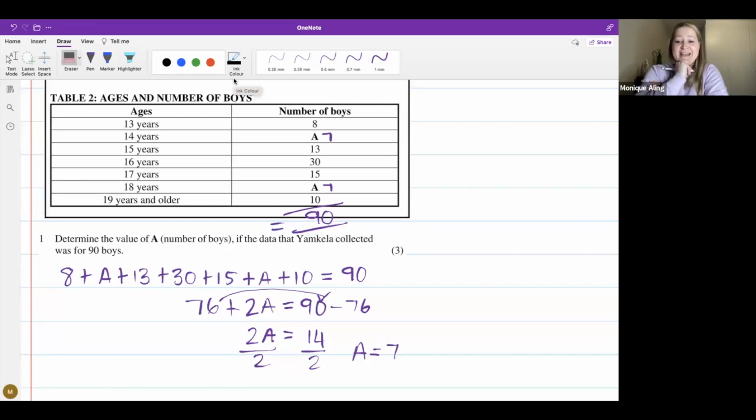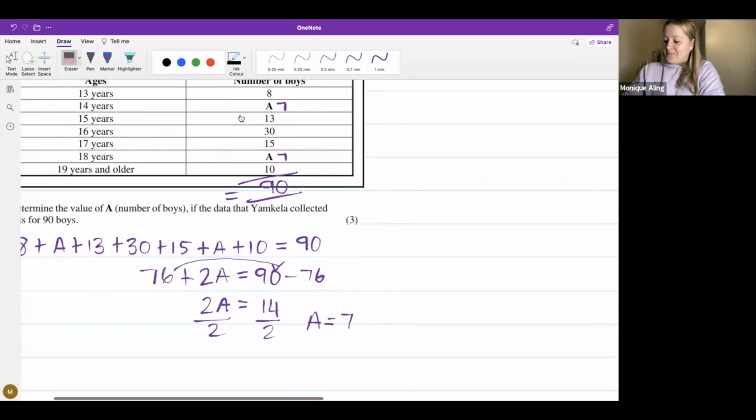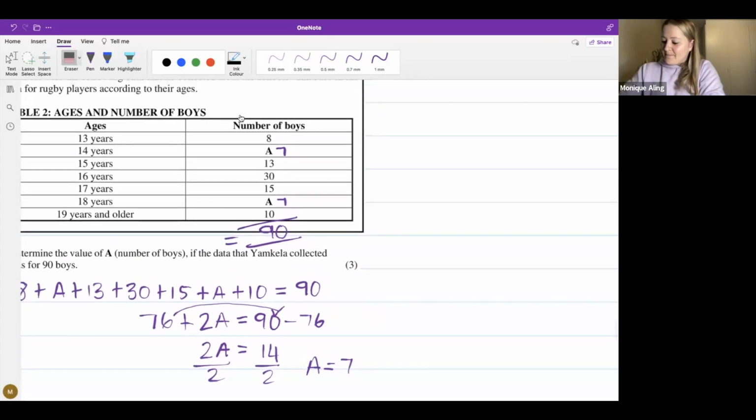Okay, so again, if you're looking at the number of boys, you'll see that 7's been repeated. However, if I had to rewrite all of these numbers, like I said earlier, 13 years old, 13, 8 times. Then there are 7 14-year-olds. I'm going to write 14 7 times.